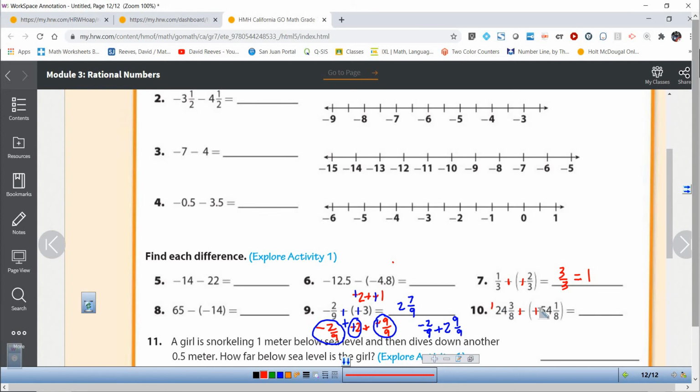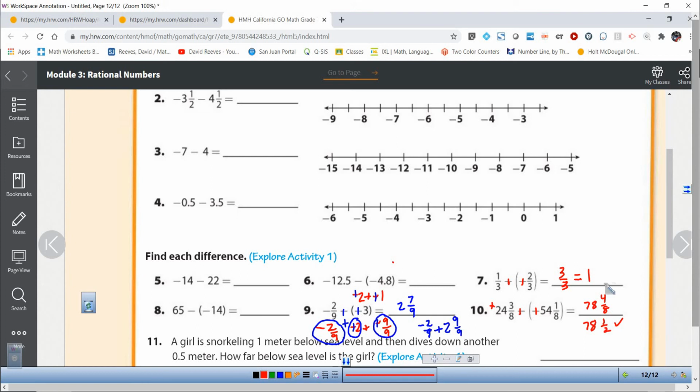And what do I like now? They're all positives. I could just put them all together, right? 24 plus 54, well, that's going to give me 78, and 3/8 and 1/8, that's going to give me 4/8. But we know, careful, 4/8 is equal to 1/2, so we want to make sure we always simplify.